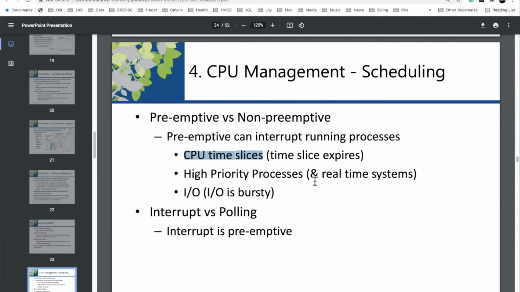Recall we had that instruction pointer, and recall we had that fetch execute cycle, and the textbook described it as fetch, decode, execute, store. But I also added something in there because we have the program counter. It's actually fetch instruction, increment program counter, decode the instruction, execute the instruction, store the results.